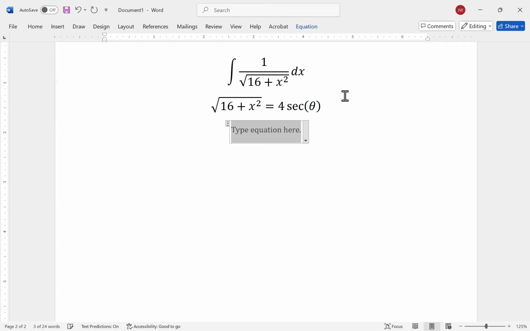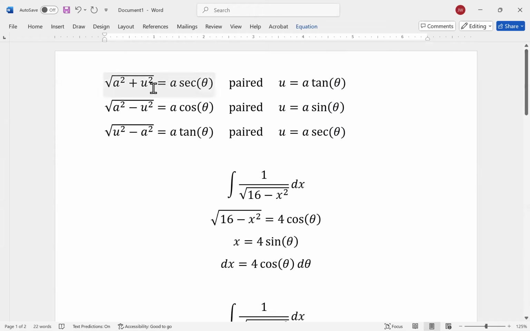And then that means x is equal to 4 times the tangent of theta. Again, that's because we have this first type of square root. That means the square root is a secant, and then the x in this case is a tangent.